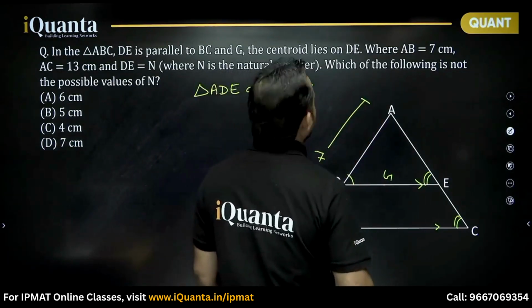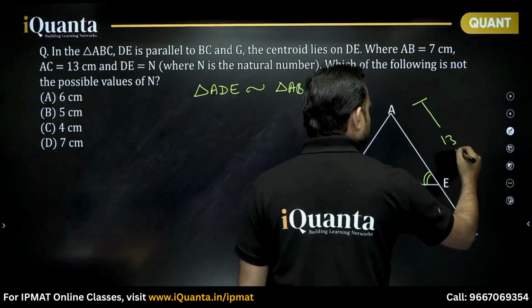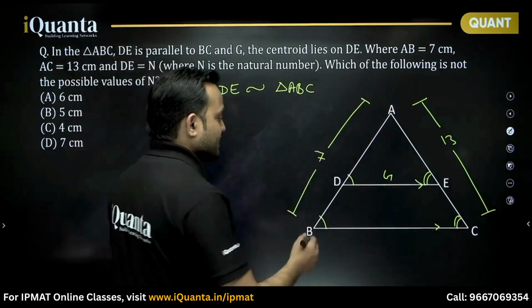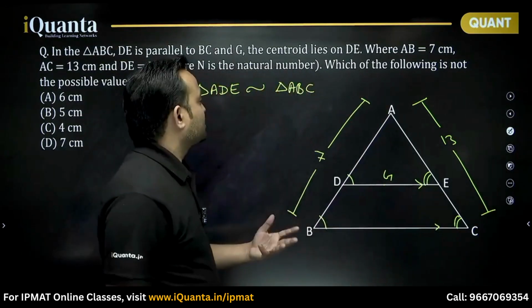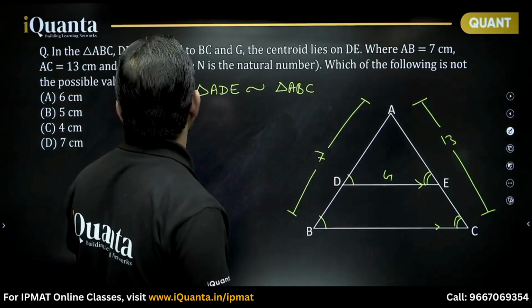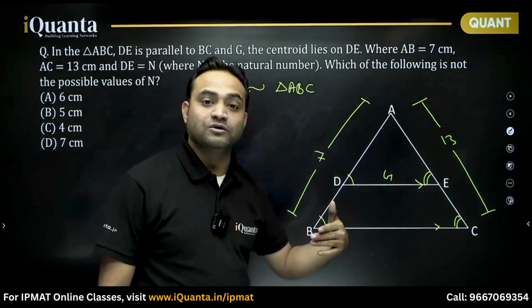Okay. And AC is equal to 13 centimeters. So this is also given. And DE is equal to N. The length of DE is given, which is equal to N. Now it says which of the following is not a possible value of N. Which of the following cannot be a possible value of N.